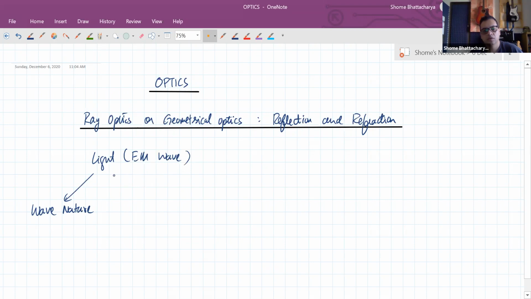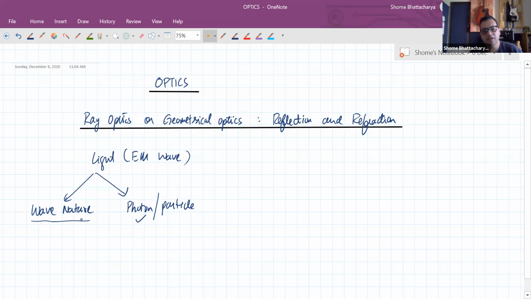But it has another type of behavior, which is the photon, or sometimes people also call this the particle nature. But the term particle is not very apt actually. The photon theory of light, or the photon behavior, is the better description of it.